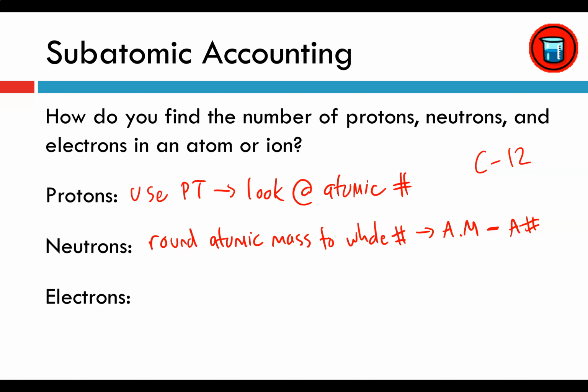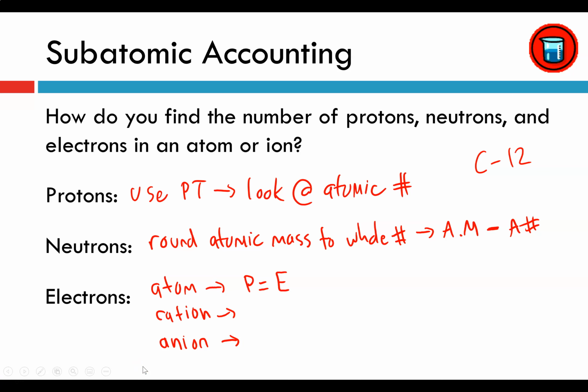Electrons are a little bit trickier. If you have a neutral atom, protons will equal electrons. We know that those charges will cancel one another out. However, with cations and anions, you have a little bit more work to do.